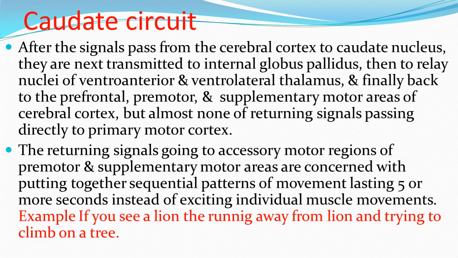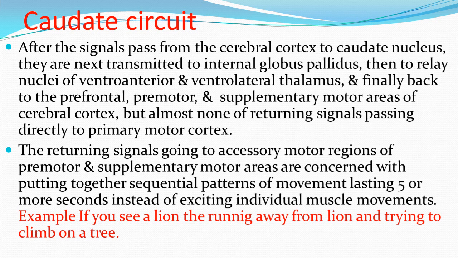After the signal passes from the cerebral cortex to the caudate nucleus, it is next transmitted to the internal globus pallidus, then to relay nuclei in the ventroanterior and ventrolateral thalamus, and finally back to the prefrontal, premotor and supplementary motor areas of the cerebral cortex. But almost none of the returning signal passes directly to the primary motor cortex, as it does in the putamen circuit.